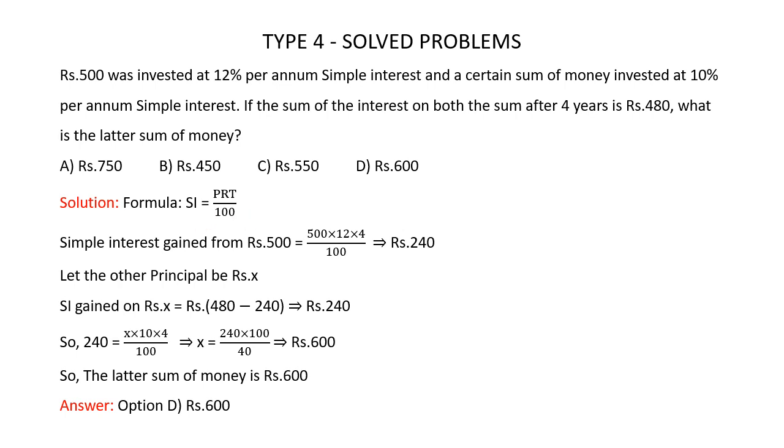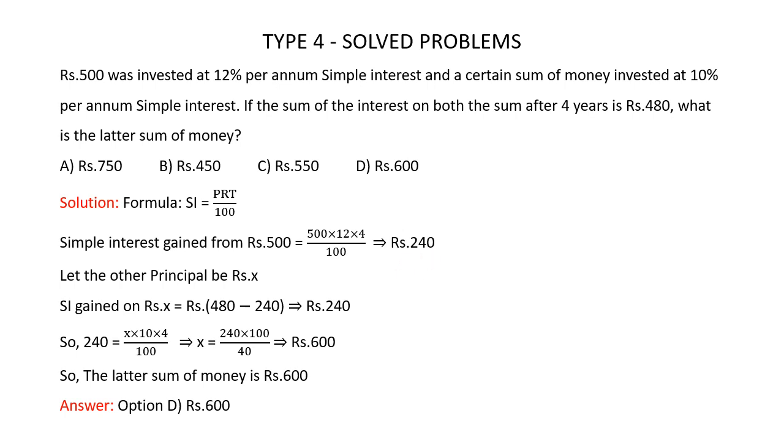So simple interest gained from rupees 500 is equal to 500 multiplied by 12 multiplied by 4 divided by 100, which is nothing but rupees 240. So the simple interest on rupees 500 is rupees 240.